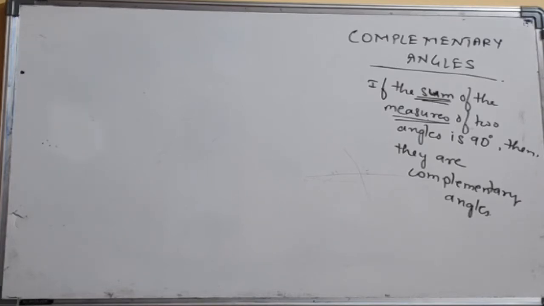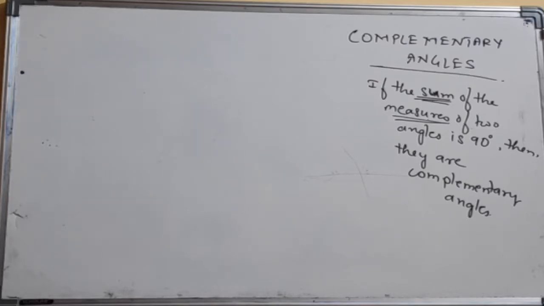It says find the measure of the complement of an angle of measure 70 degrees. So there are two angles who are complementary, and the measure of one angle is 70 degrees. You have to find the measure of the other angle.